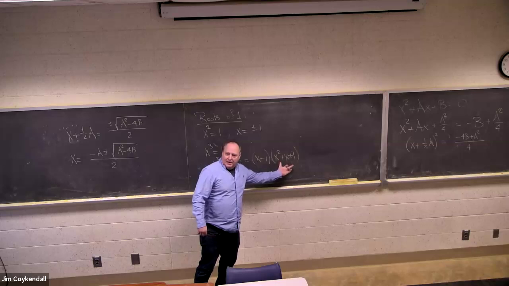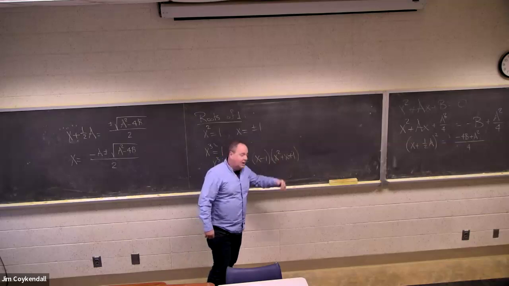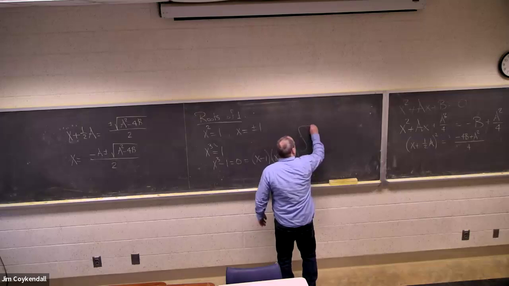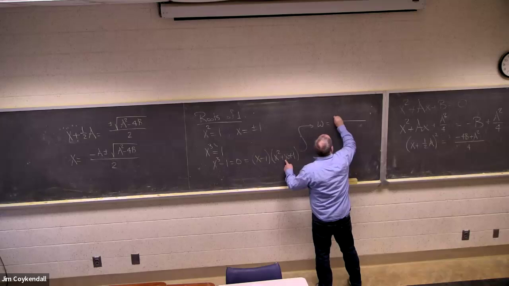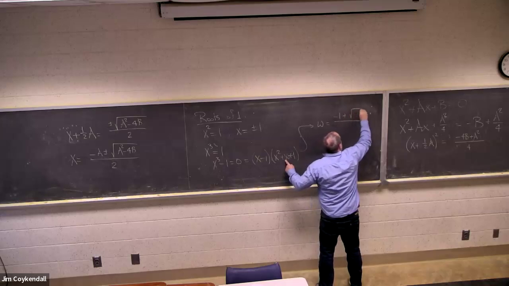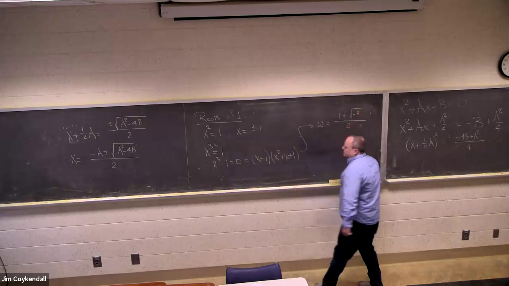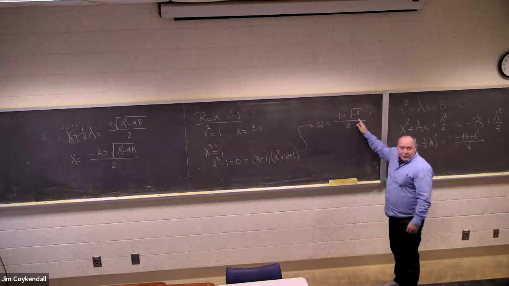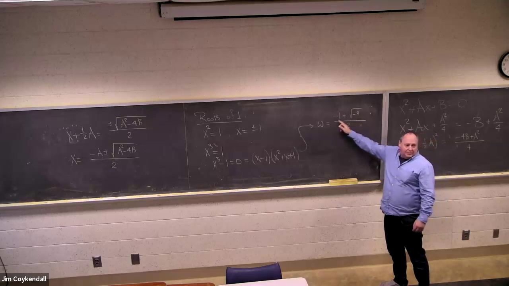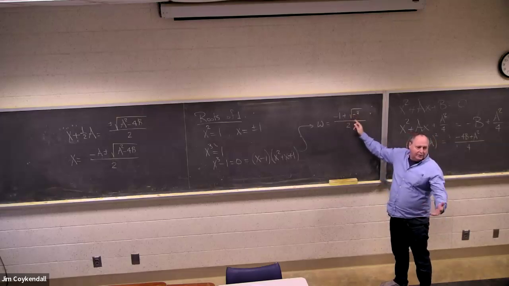This factor gives me a couple of exotic complex numbers. I'm going to call one of them omega. Using my quadratic formula, that's one solution to this. And if you like the i notation, it's minus 1 plus i radical 3 over 2.